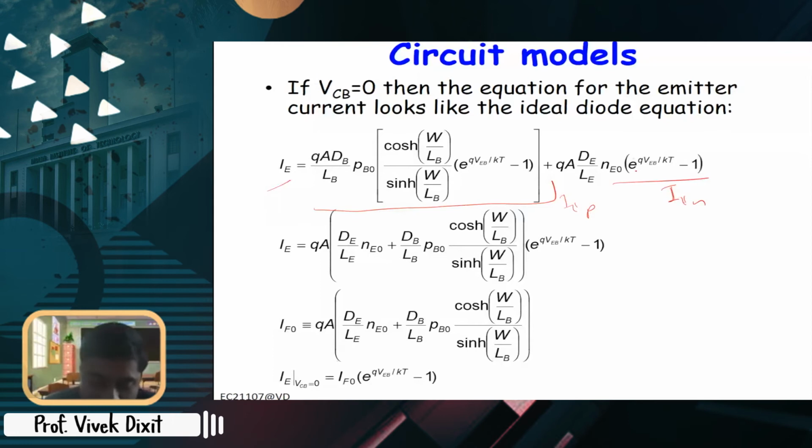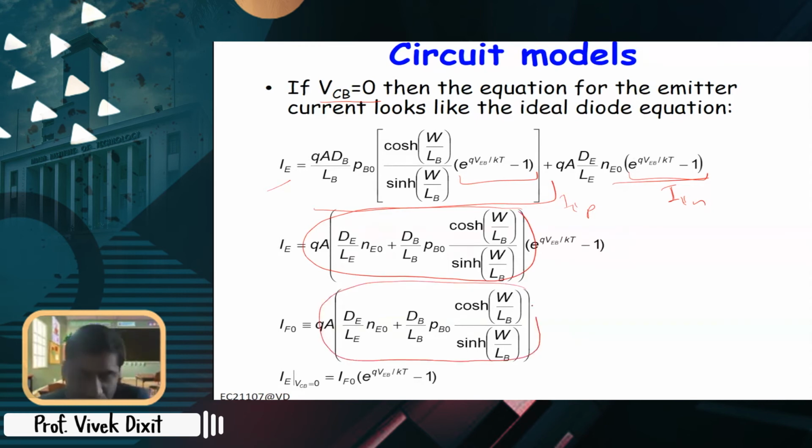And here we are assuming VCB to be 0, so that component will vanish. If you want to express this IE as some IF naught exponential QV by KT, then if you take this thing out, what you have is basically a coefficient here, and that is called the saturation current in forward bias.